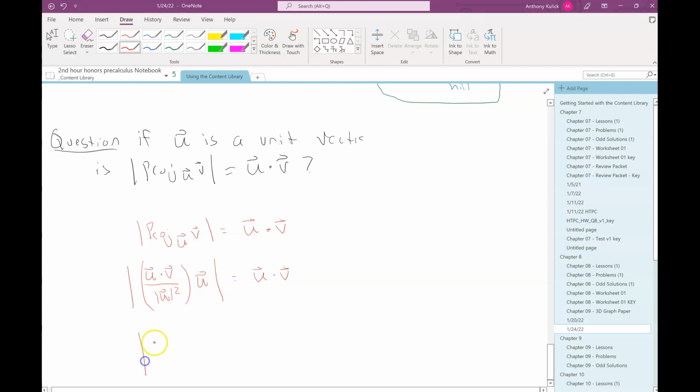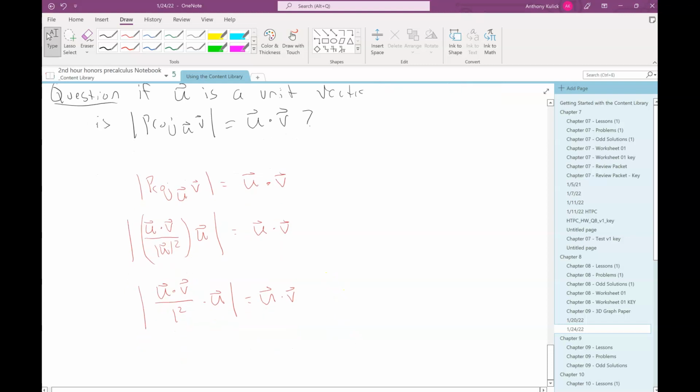Okay, so if U is a unit vector, we know the magnitude of U is just 1. Everybody agree with that? And we know that the dot product, U times V, is just a real number. And we had talked about how we can pull the real number outside of a magnitude.